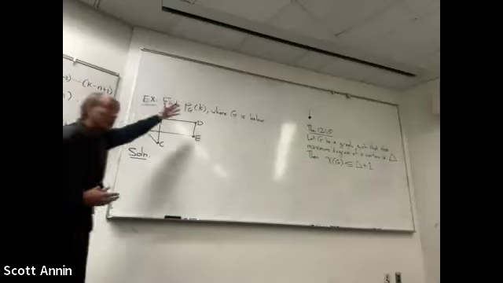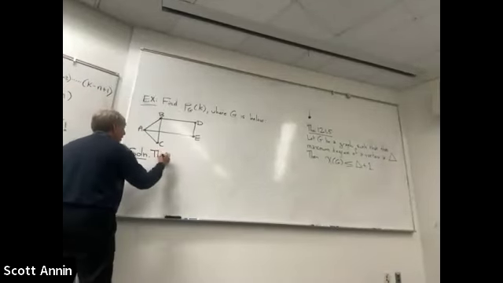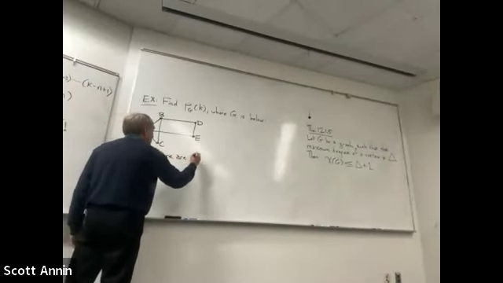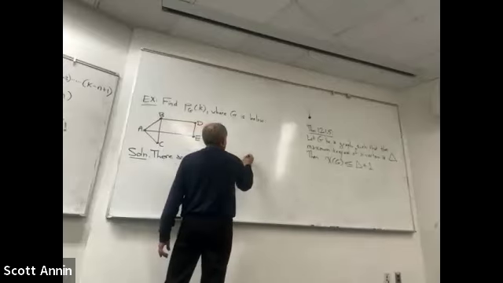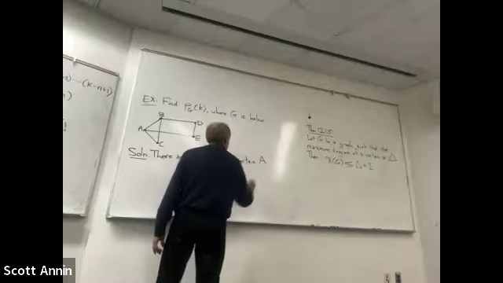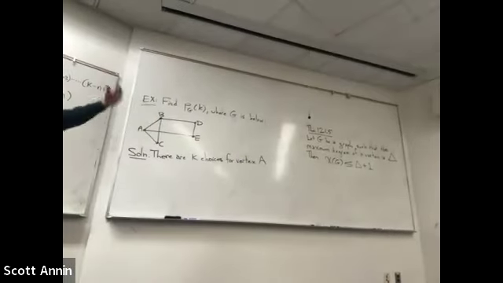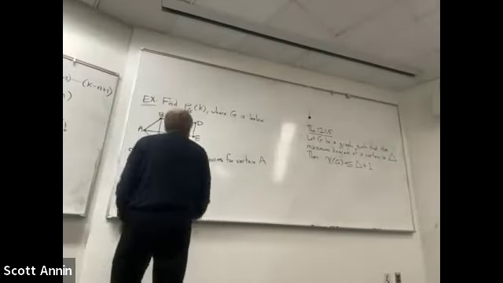I have K colors available. So there are K choices for vertex A. By the way, there's nobody telling us where we have to start, but I'm just choosing to start with A over here.